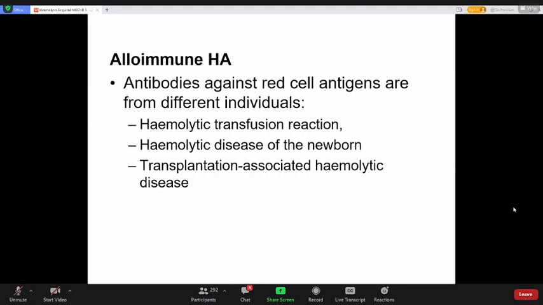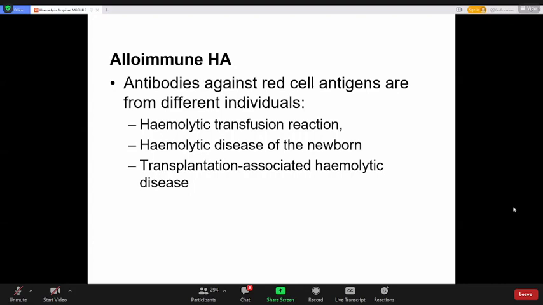You'll also get to hear about it in pediatrics when you're doing your pediatric rotation, and it will be handled by obstetricians when you're doing obstetrics and gynecology, because this is one of their major problems seen during pregnancy and at birth, all right? So these will be handled again, but these are good examples of alloimmune hemolytic anemia and transplant-associated hemolytic anemia.